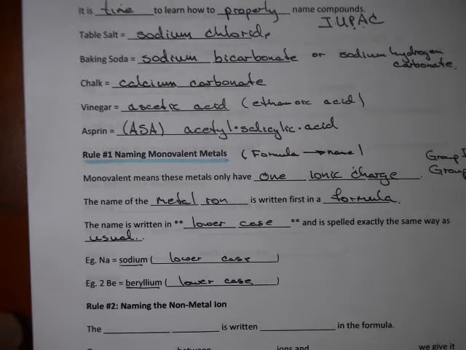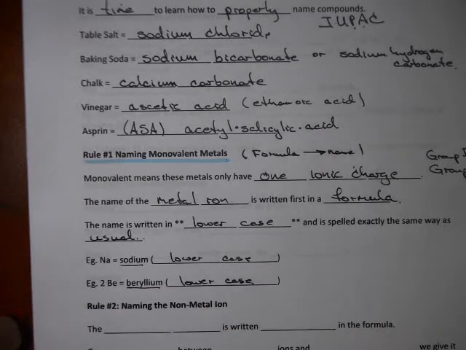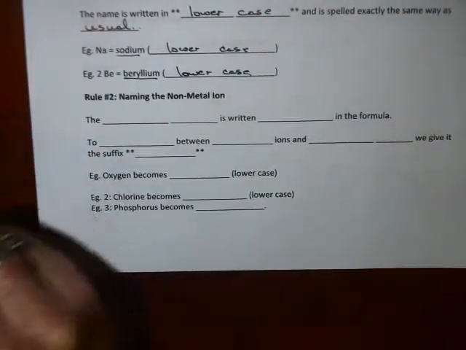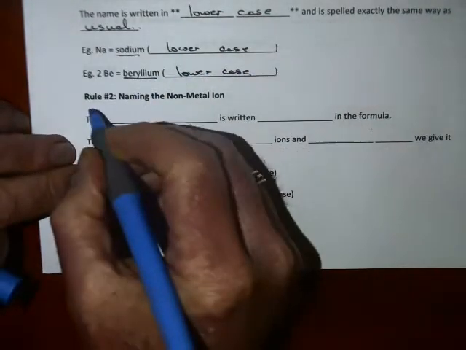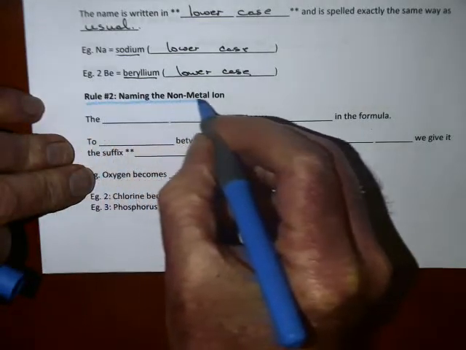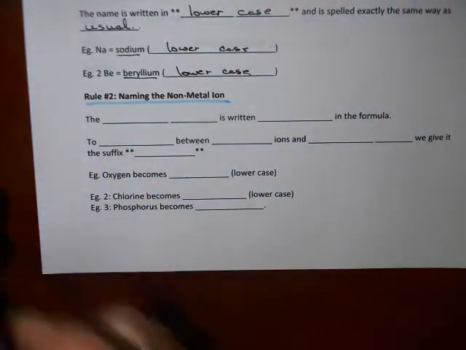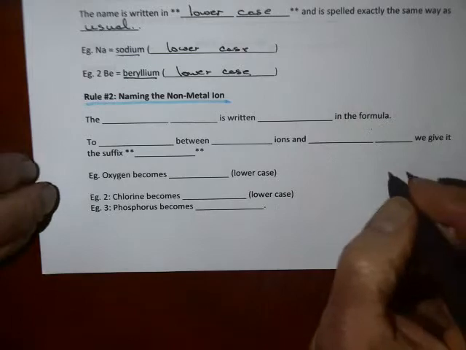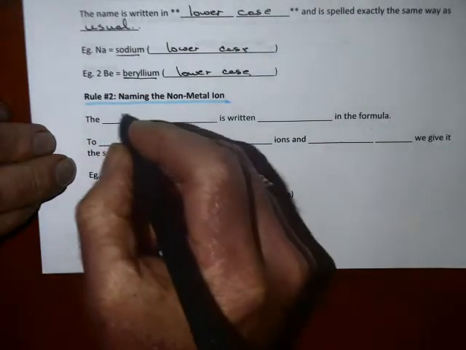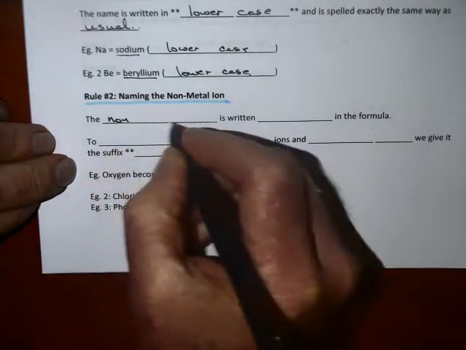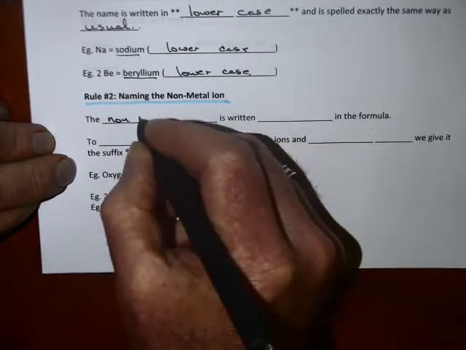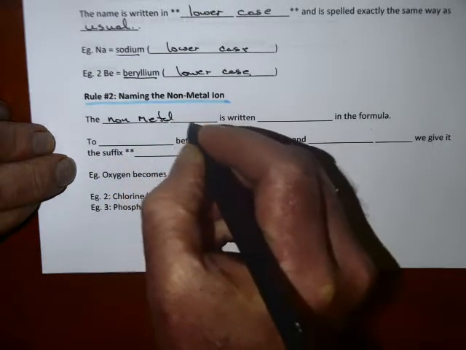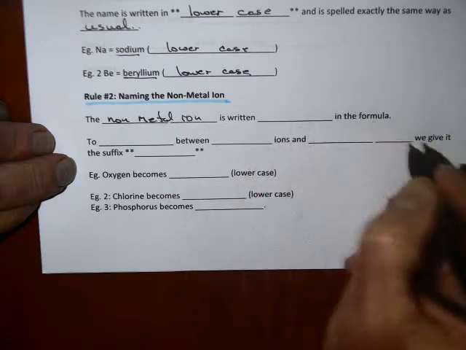Okay. Rule number 2, naming the nonmetal ion. The nonmetal ion is written second in the formula.